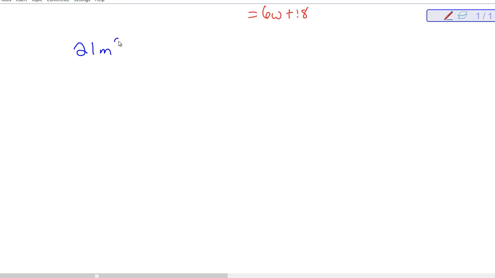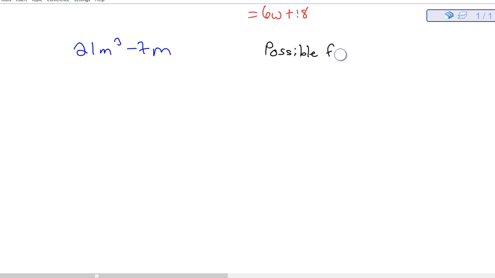Let's look at another example of this, and let's look at if I have 21m to the third minus 7m. Well, first thing we do is come over to the side and look at our possible factors for our numbers.